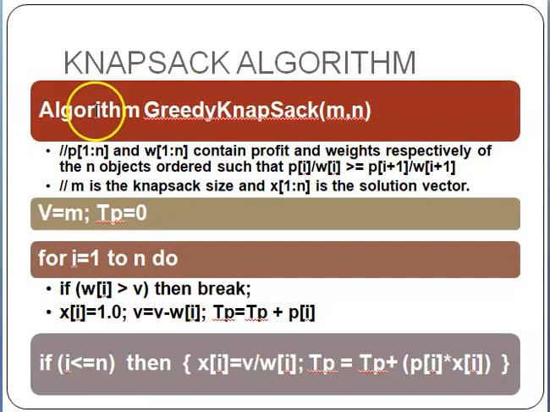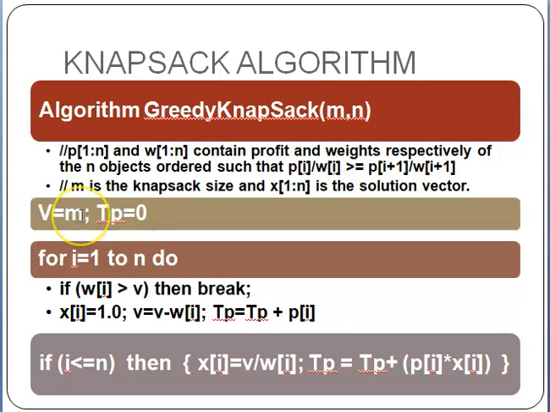Now the knapsack algorithm is the same for greedy in profit, weight and ratio. The only thing is the sorting will be done on that particular parameter. You can use merge sort, bubble sort, selection sort, or any sorting algorithm for sorting the items in a particular order. And then we'll consider the items only in that sorted order.